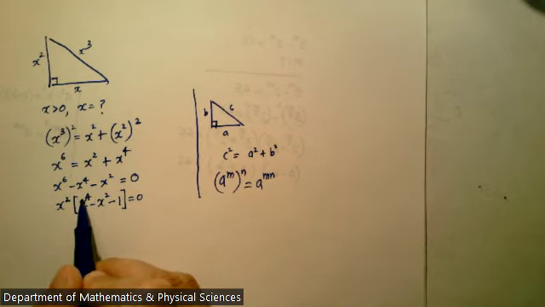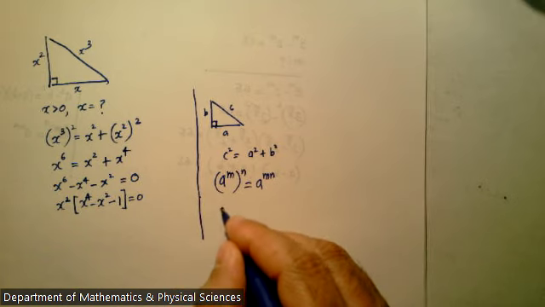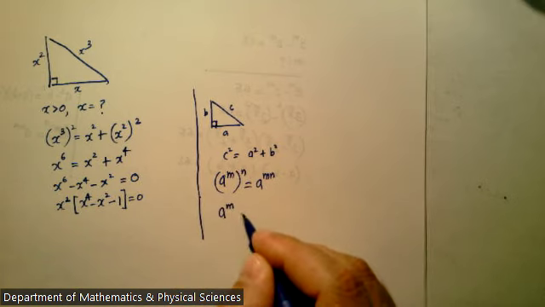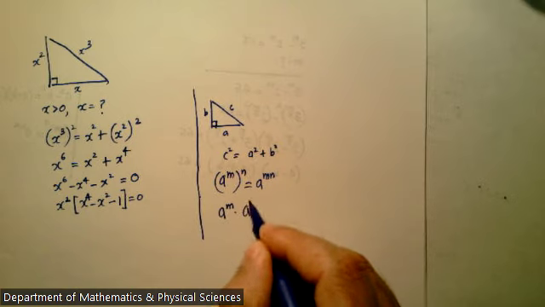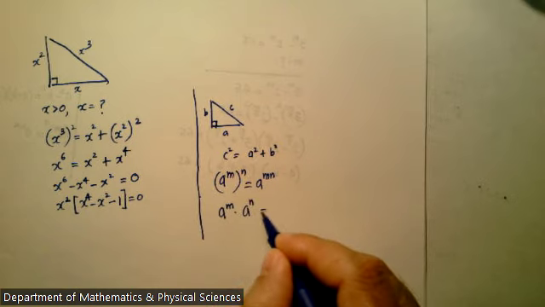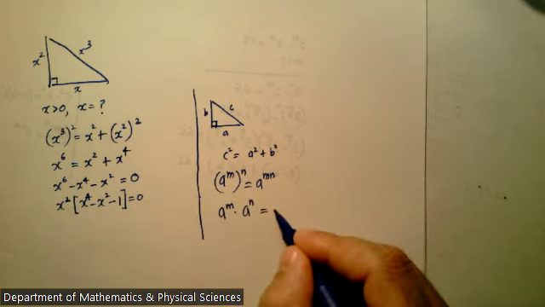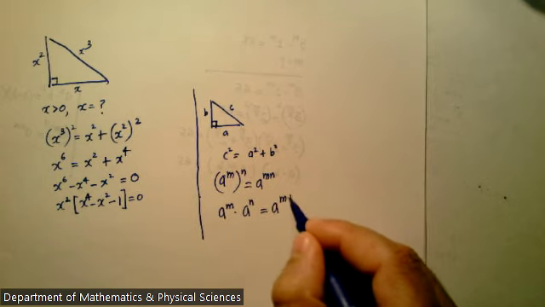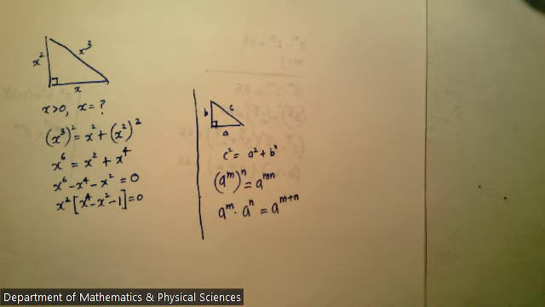x to the power 2 times x to the power 4 will give x to the power 6. It's according to this formula that we need to simplify those. If we have a to the power m times a to the power n, then the base is the same. We simply add the exponents and write it as a common power, common exponent, like that. So x to the power 2 times x to the power 4, we have to add the powers. 2 plus 4 will be 6.